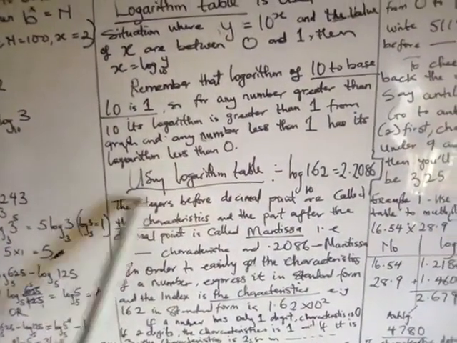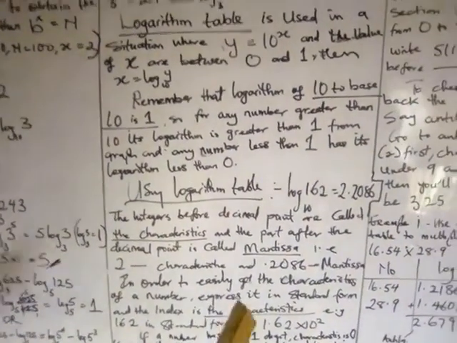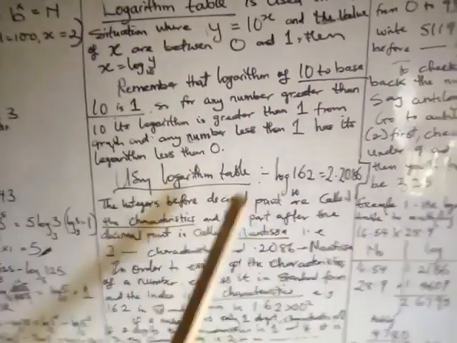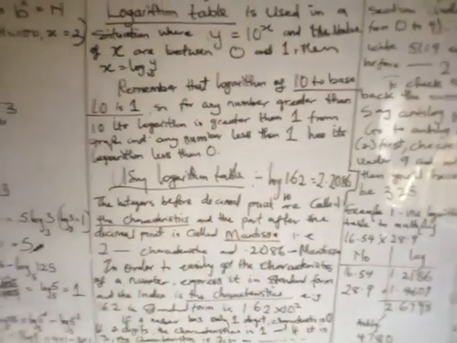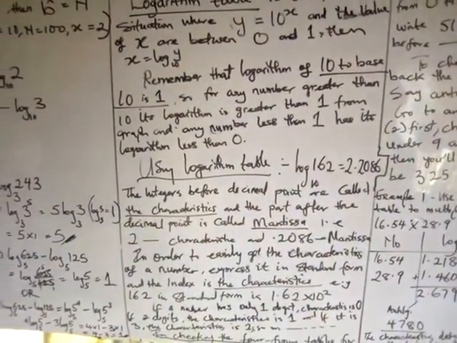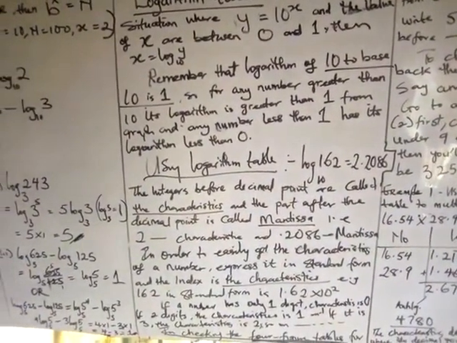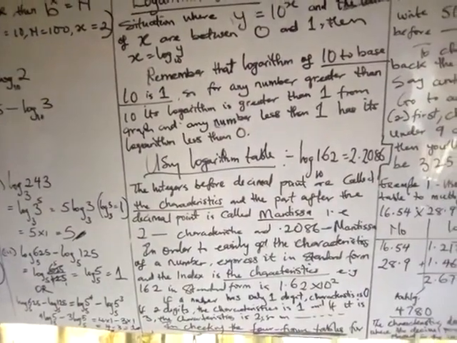So now let's see how to use the logarithm table. Let's say you are given the question log 162. Log 162 will give you a final answer of 2.2086. Meanwhile, those values are divided into 2 categories.